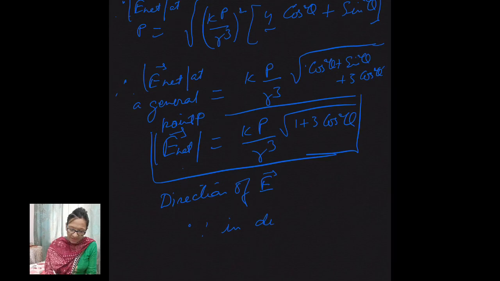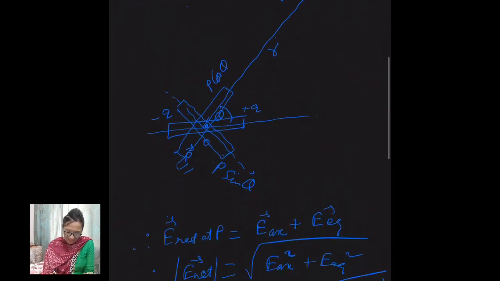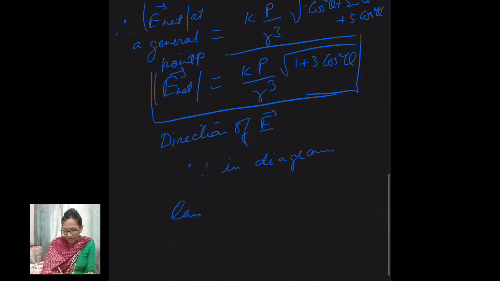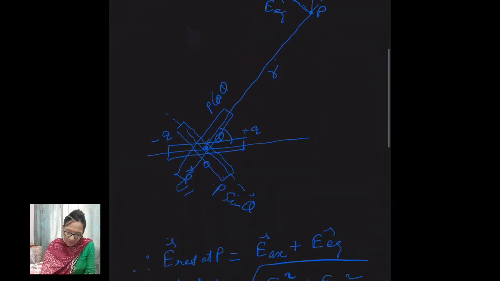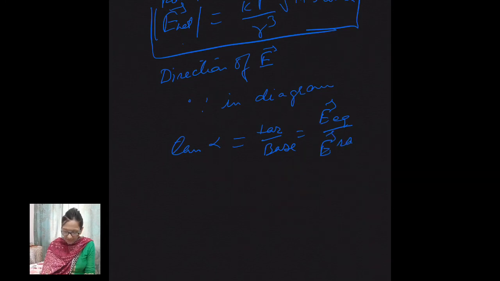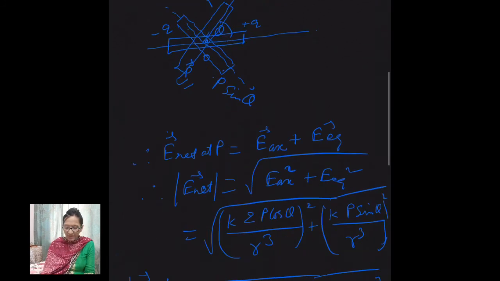This is the direction of equatorial electric field. In case 2, we learned that electric field is opposite to dipole moment direction. So we have two electric fields and we have to resolve them. This resultant electric field E net will be along this direction. So we have to find magnitude and direction of this. Suppose it is making angle alpha.